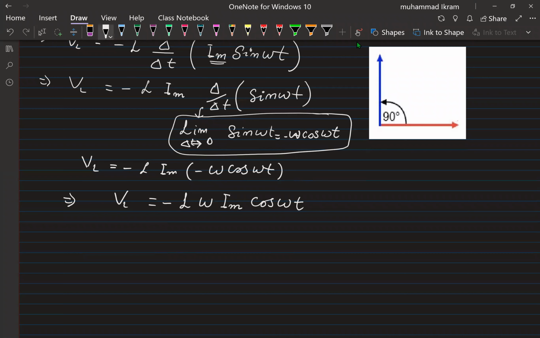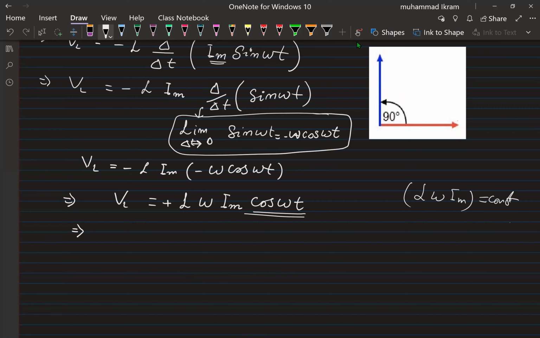Now let us see that, this is a simple mathematical function. This will become plus a simple mathematical function. Here you see this Im, and this is the V. This L omega Im is in fact a constant with us.